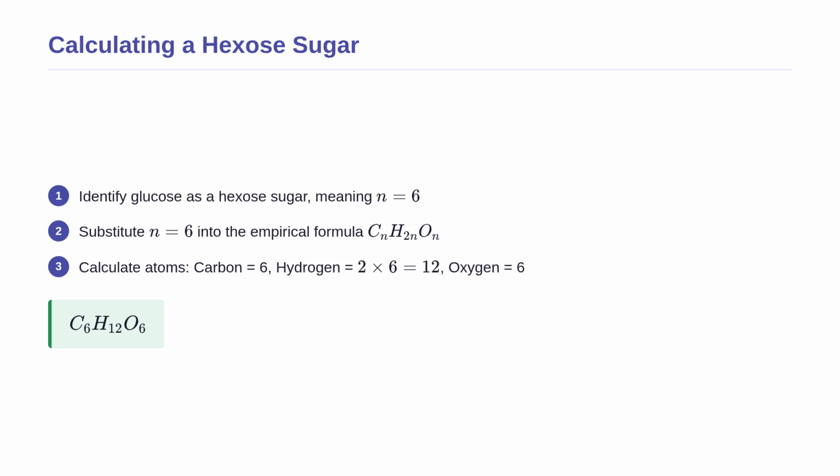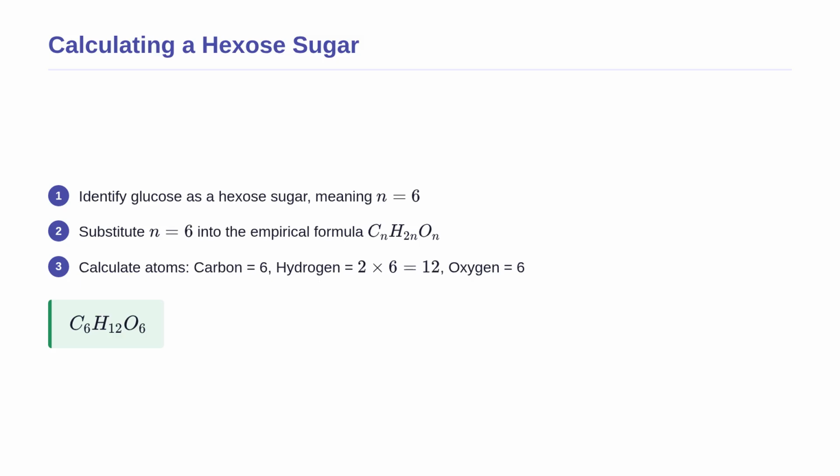Let us determine the exact chemical formula for glucose, which is classified as a hexose sugar. We know glucose is the primary fuel for our bodies, so finding its exact atomic composition is crucial. The prefix hex means 6, so we know immediately that a hexose sugar contains exactly 6 carbon atoms.